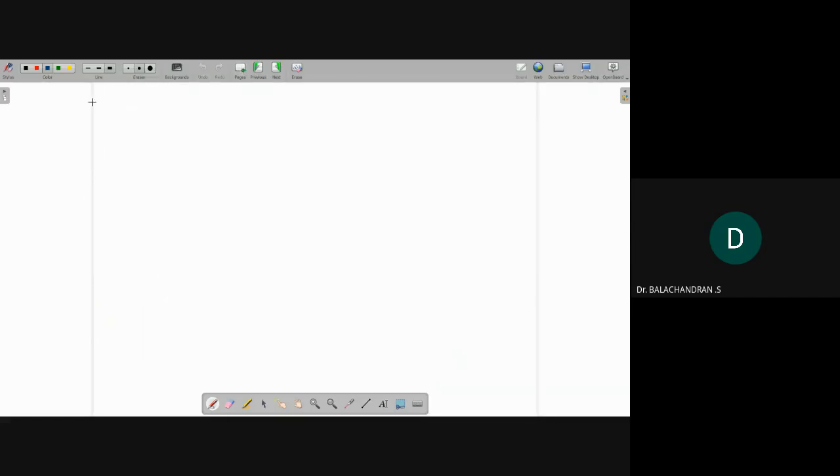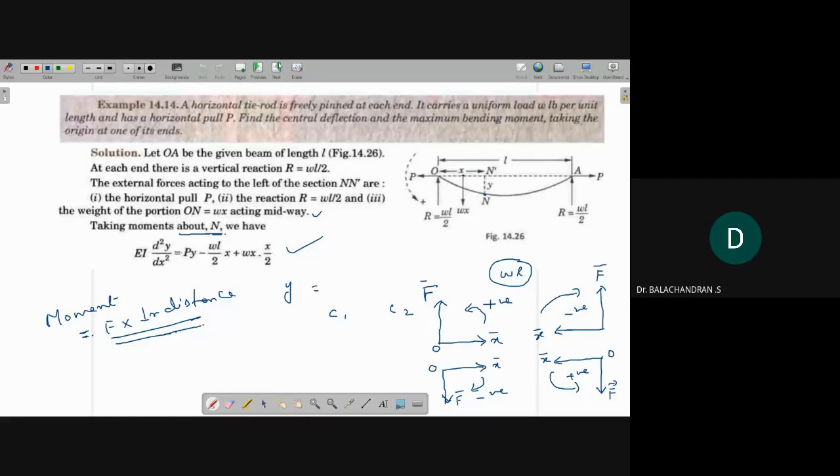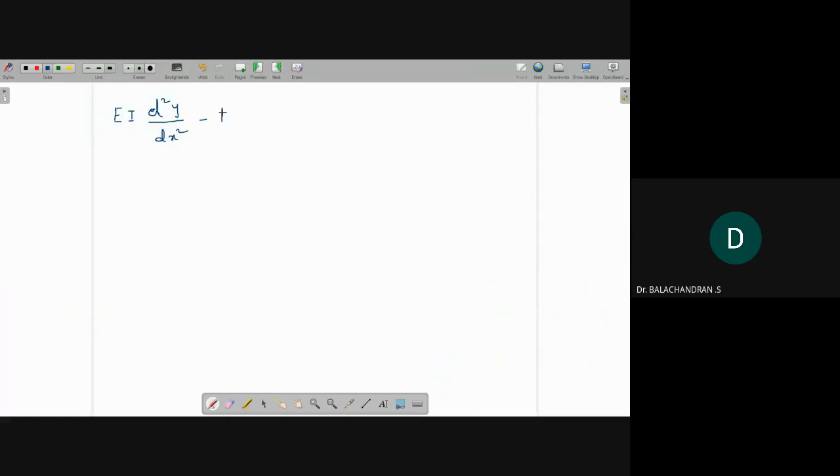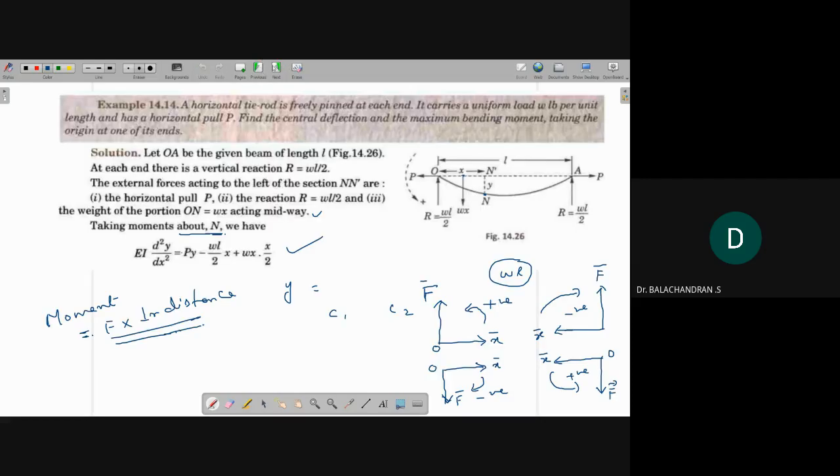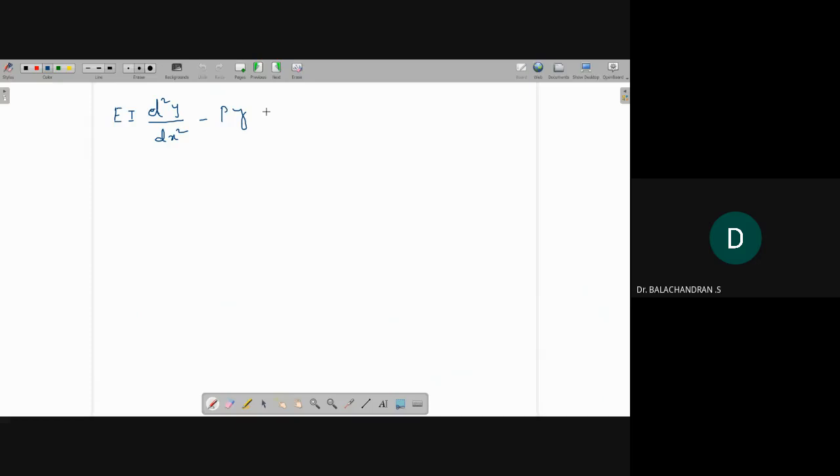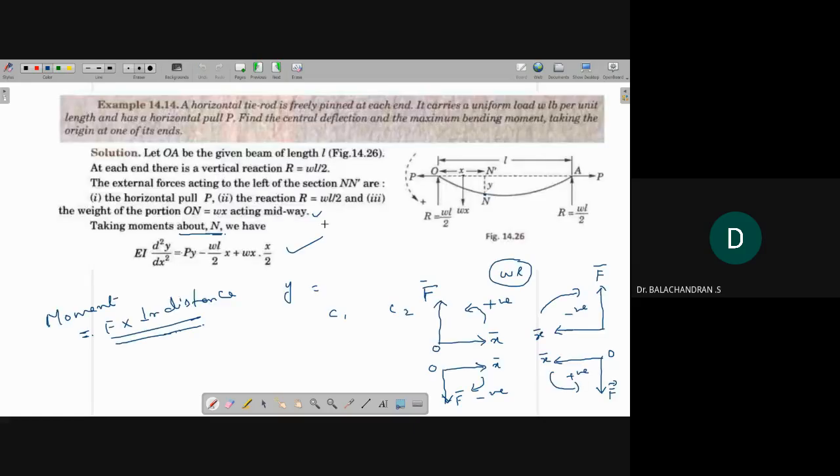EI d square y by dx square minus py equals, taking omega by 2 common, omega by 2 into x square minus Lx. This is 1.